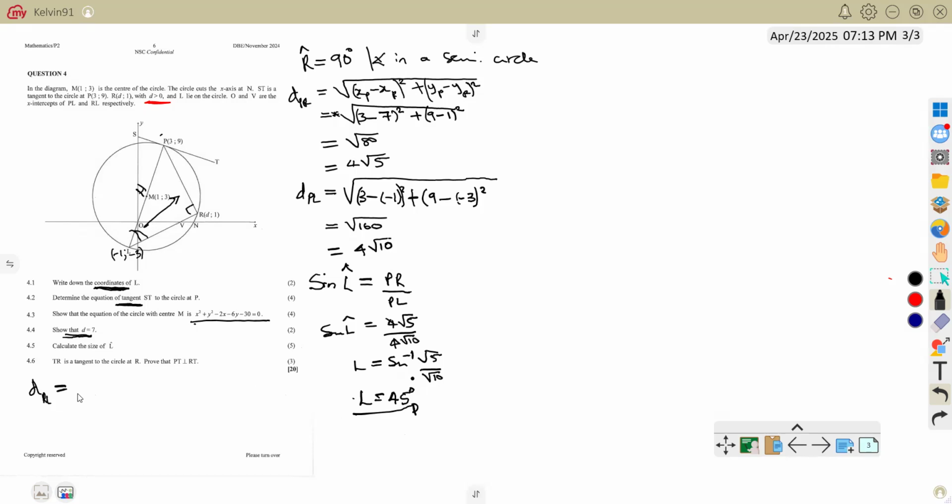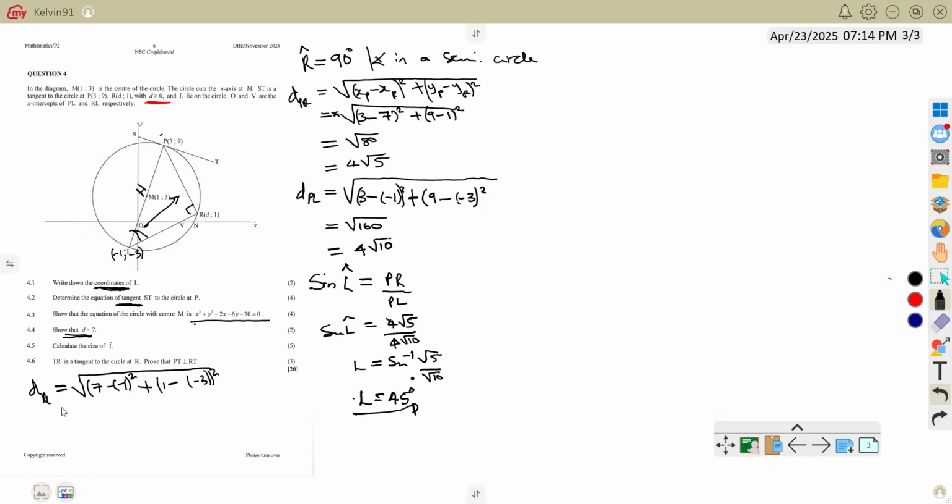When you calculate it, it's going to be x at R, which is 7, minus x at L, which is minus 1, squared, plus y at R, which is 1, minus y at L, which is 3, squared.